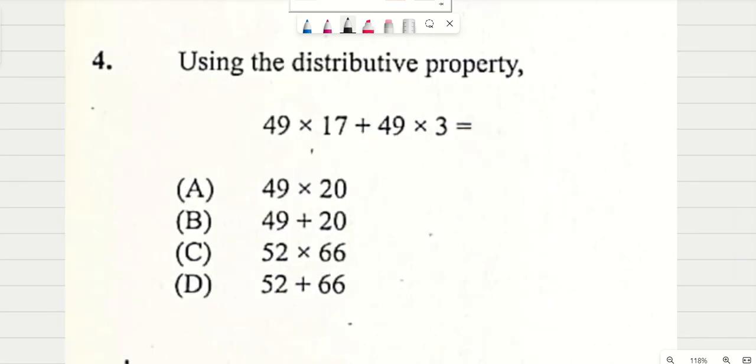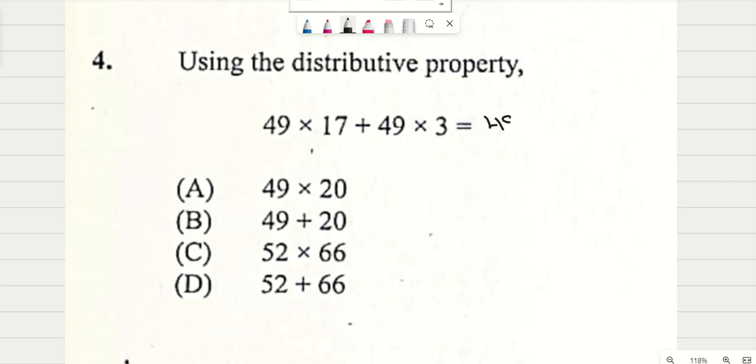Number 4, using the distributive property. All right, they want what this is equal to. Now, distributive property means if you put brackets. Now, why do you put brackets? You would have to factorize. So what do 48 multiplied by 17 plus 49 multiplied by 3 have in common? They have 49 in common.